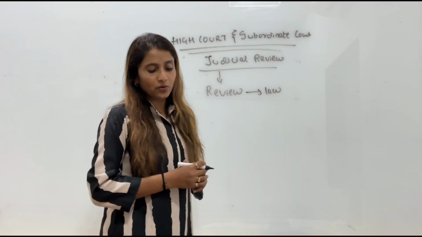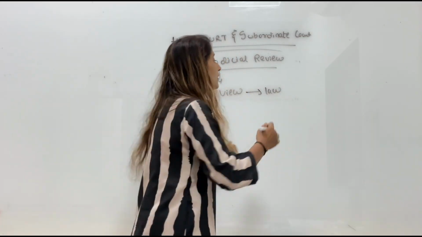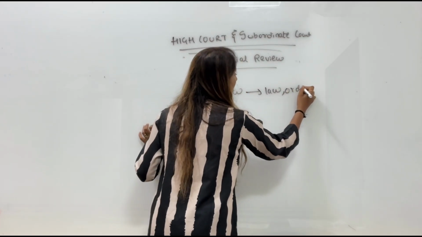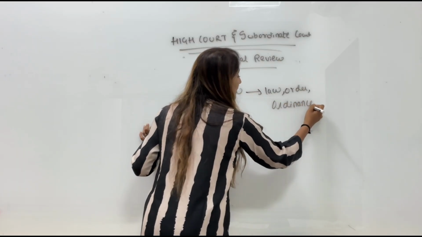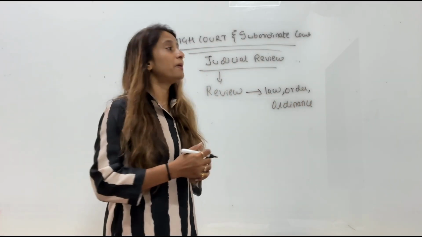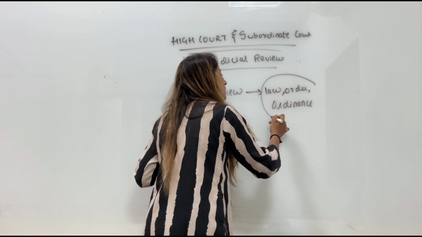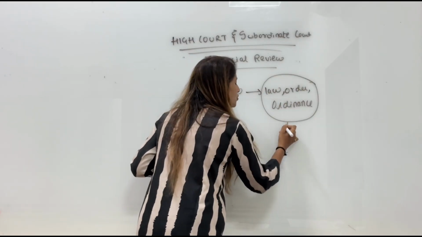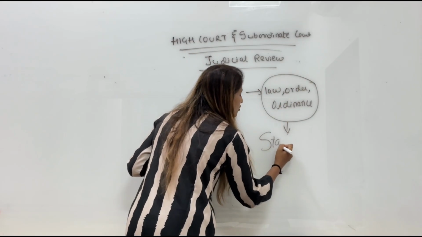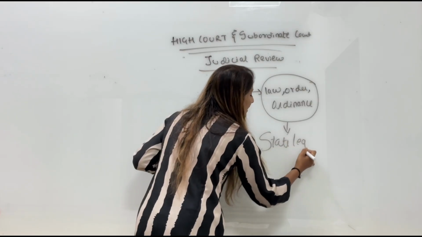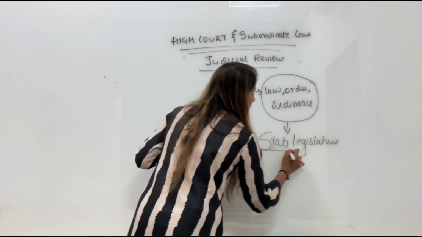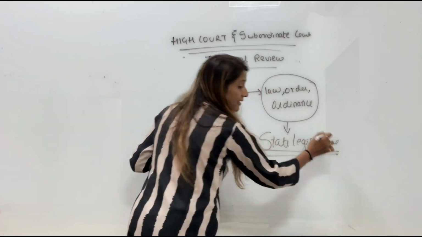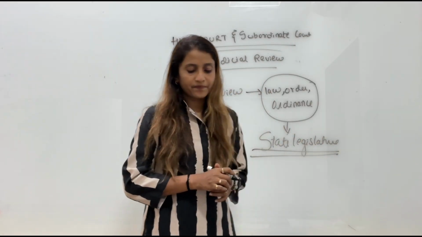High Court can review any order. High Court can review any ordinance. But this law, order or ordinance should be the one which has been passed by the state legislature.